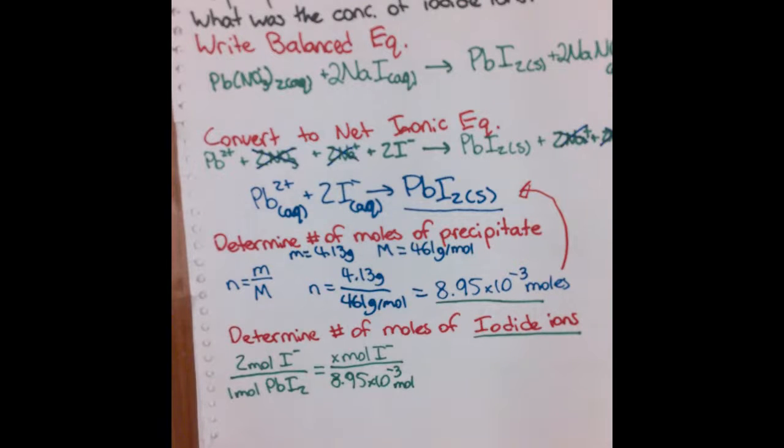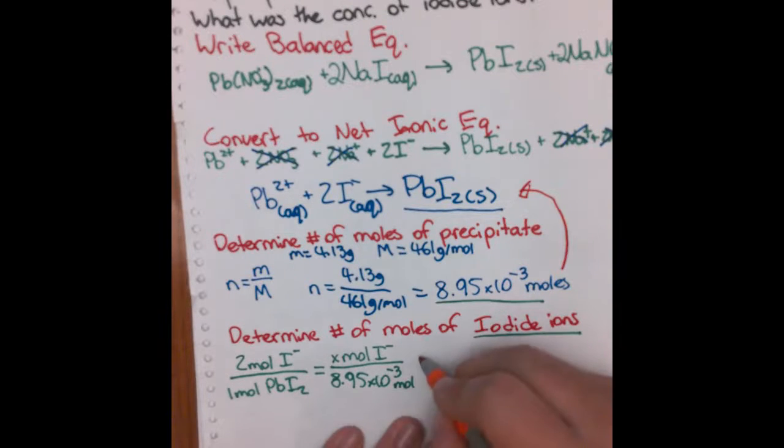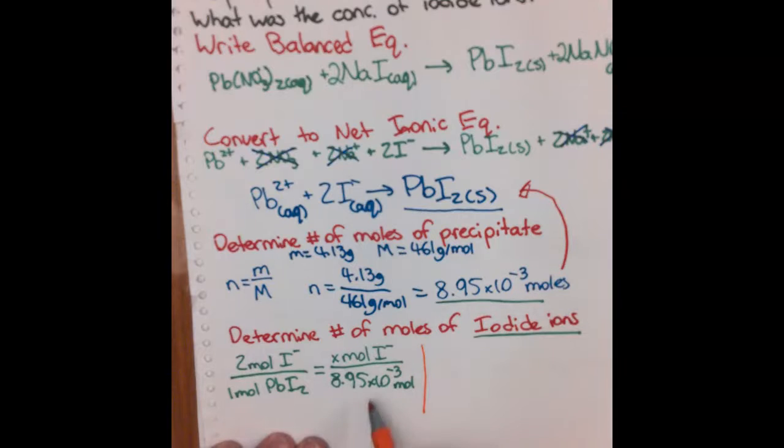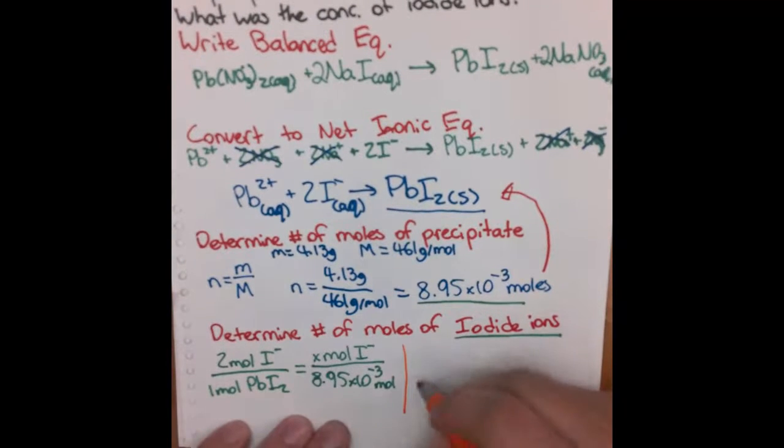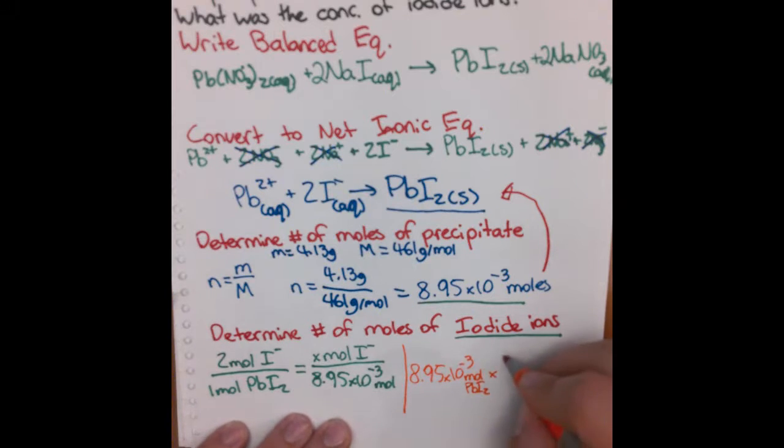And then I'll put it in a different color again. We are going to rearrange this equation. So simply we're just going to take this and multiply it by our molar ratio. So we are going to have 8.95 times 10 to the negative 3 moles of PbI2 times 2 moles of iodine over 1 mole of PbI2, right?